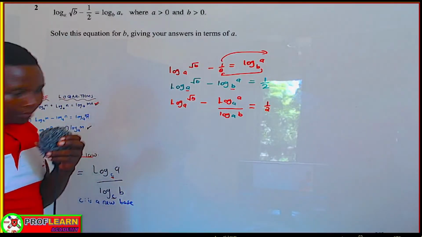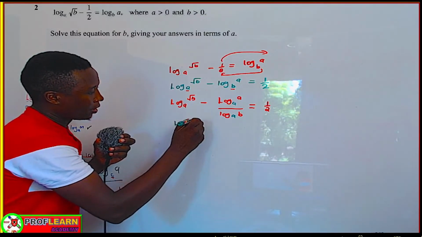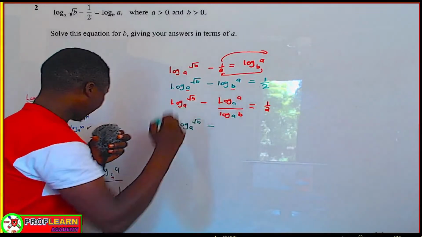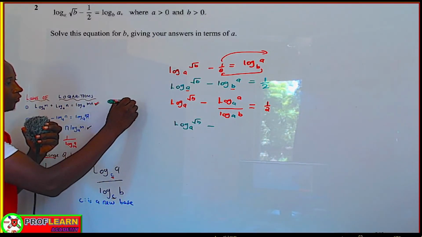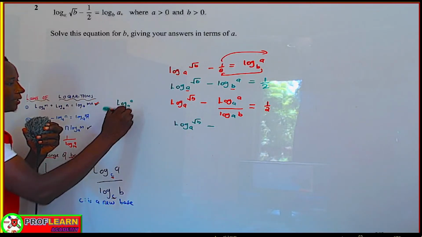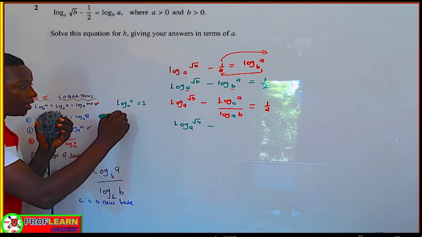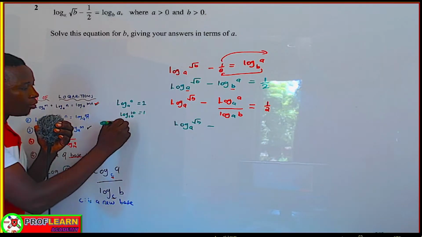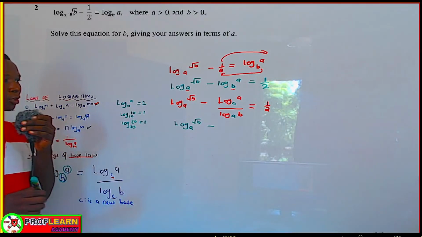Having this, we can now say this is going to be log root b base a minus, log a base a is actually 1. Remember the law: log of a number in the same base is going to be 1. That's why log of 10 base 10 is 1. If you have log 20 base 20, it is also going to be equal to 1.